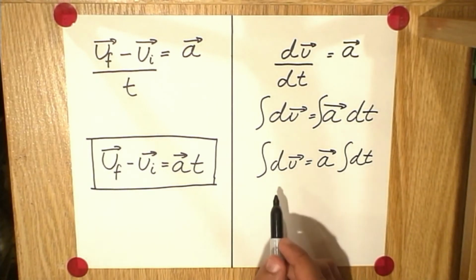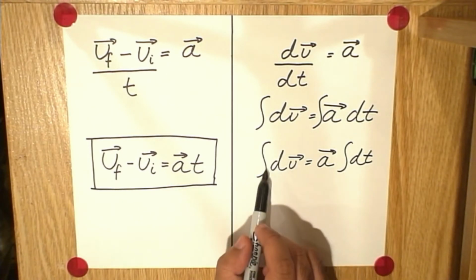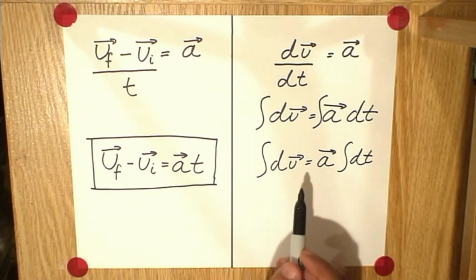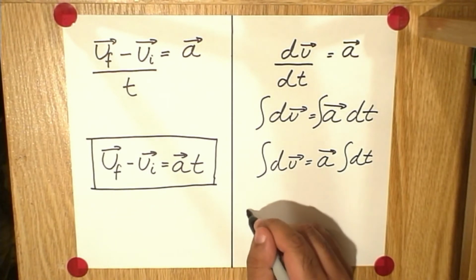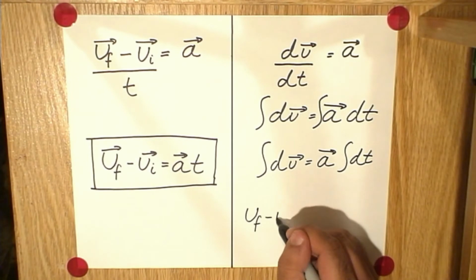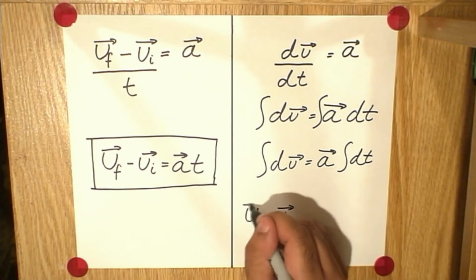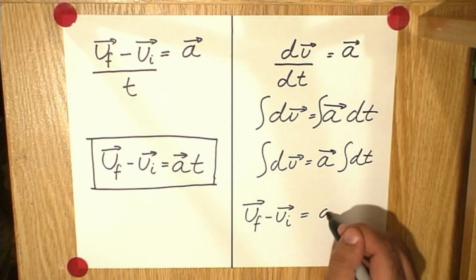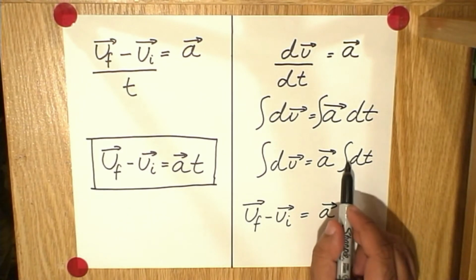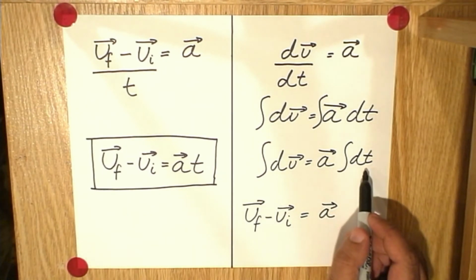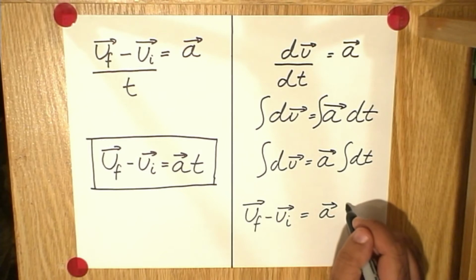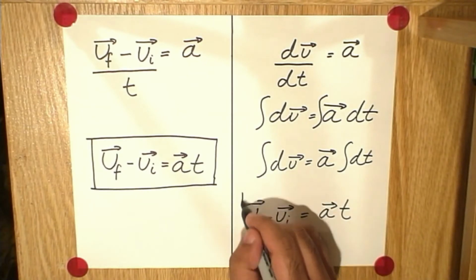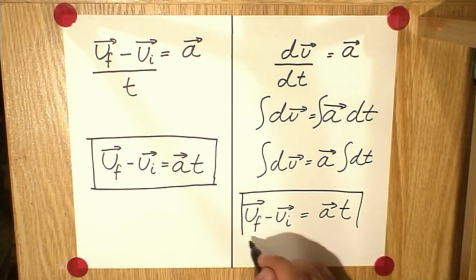And now we can perform the integration. The integral of dv is the change in velocity, which is v final minus v initial, is equal to acceleration times the integral of dt, which is the change in time, also known as the time elapsed. And so we end up in the same place.